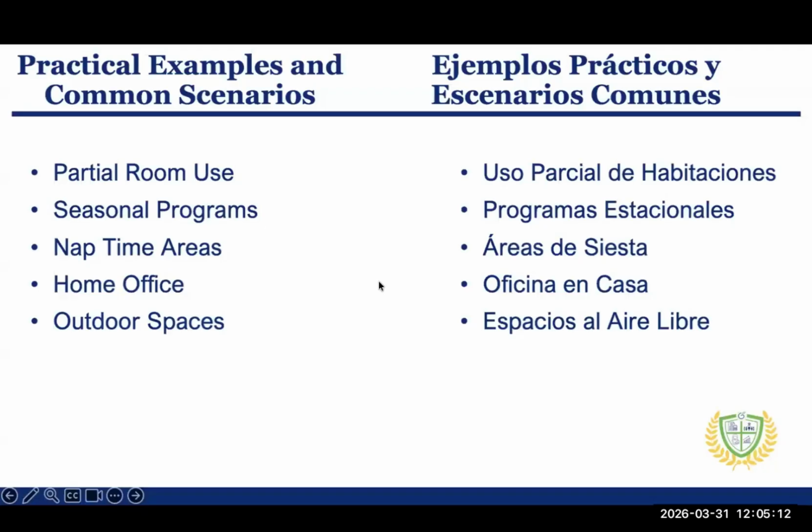Then for the seasonal changes, let's say we run a summer only program, we calculate the percentage based on 12 weeks of operation plus preparation time. So this results in a lower time percentage but is an accurate reflection of business use.